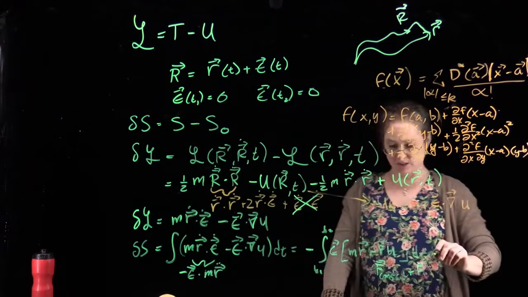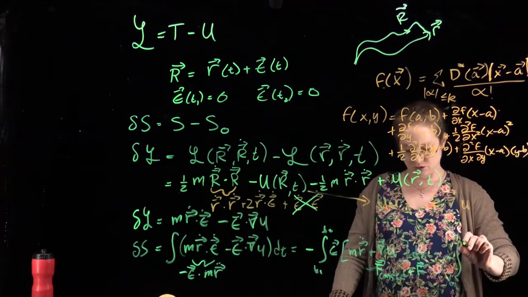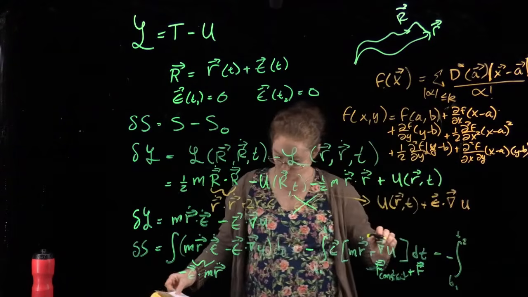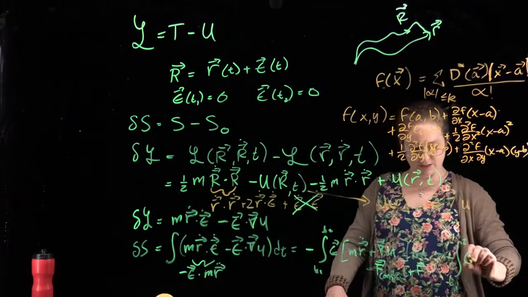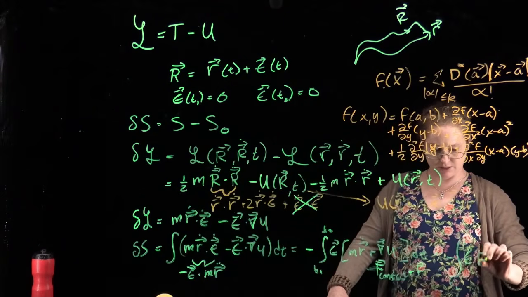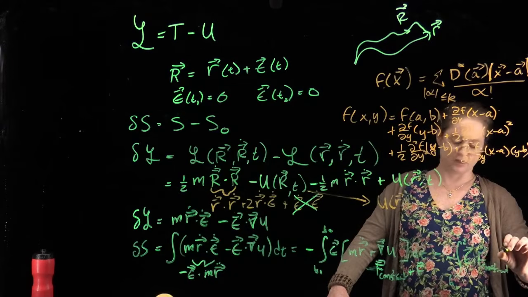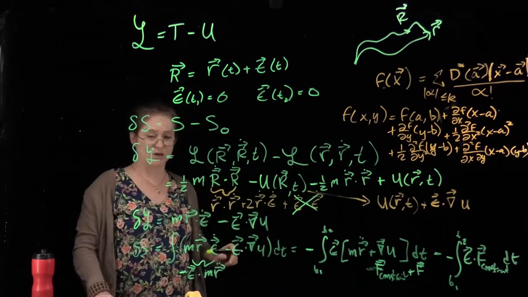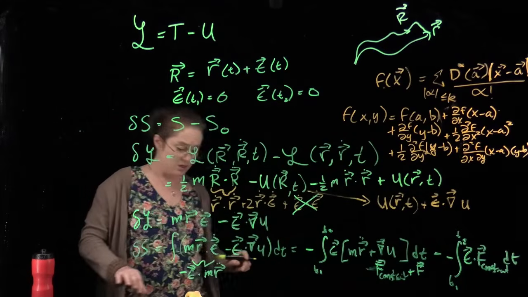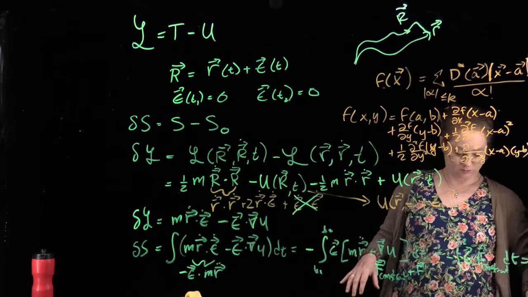So we are just left with T1, T2, and epsilon dot F constraint. But now our constraint forces have to be perpendicular to the surface because they are keeping the thing on the surface. So this entire thing goes to 0.